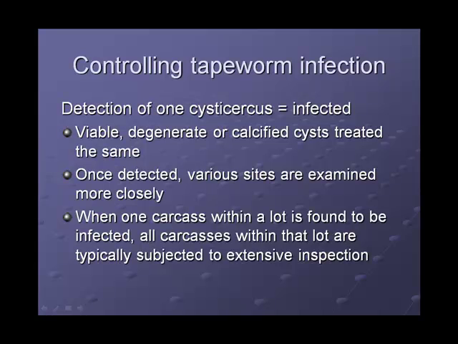Additionally, above and beyond that individual animal, that's going to cause suspicion to the entire lot from which that animal was drawn, because this is typically associated with feedstuffs, and it's likely that whatever that animal was fed, all the animals in the pen were fed, and so therefore you're going to get much closer scrutiny of the entirety of that lot, and in some cases the inspectors or the slaughter plant may actually even push for condemnation in the absence of inspection of some animals in that lot.